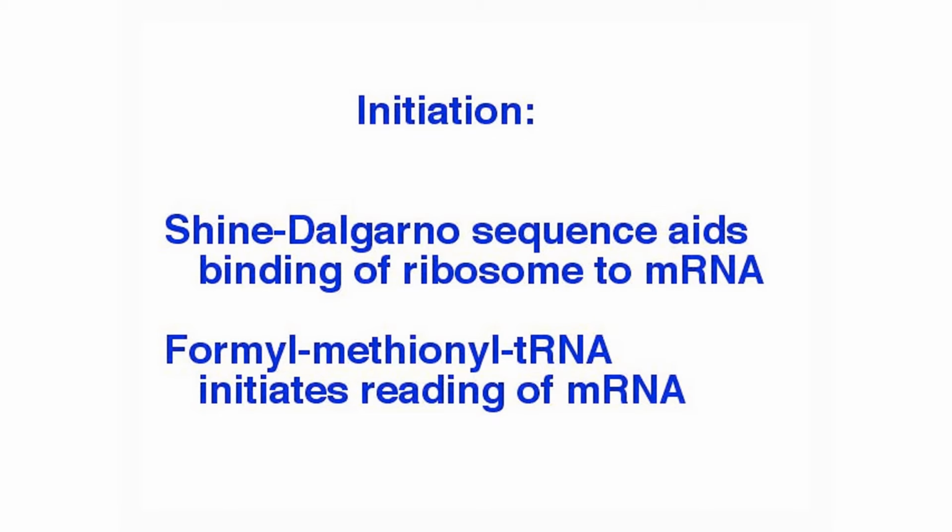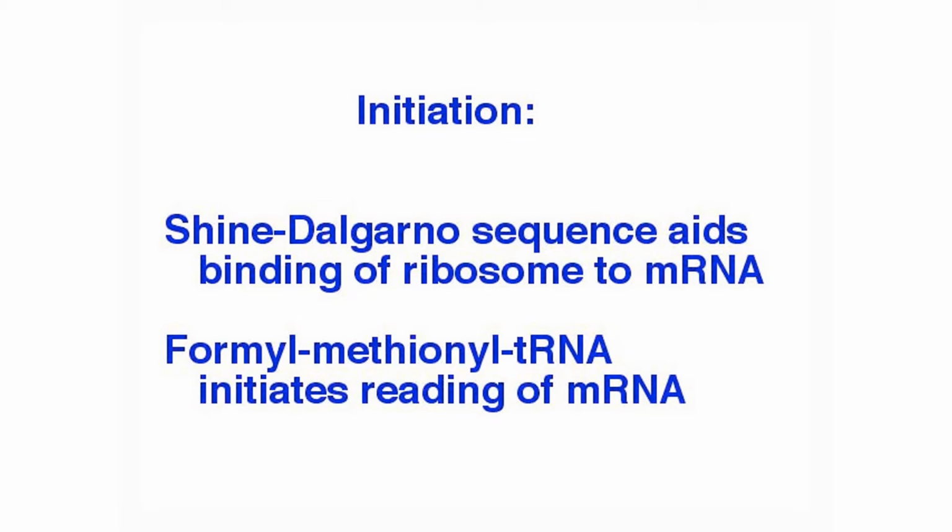So let's take a look at initiation of protein synthesis, which of course is called translation. The initiation of translation occurs downstream from a purine-rich Shine-Dalgarno sequence on the mRNA. We've already talked about this sequence. This sequence is bound by a complementary region in the 16S component of the 30S ribosome.